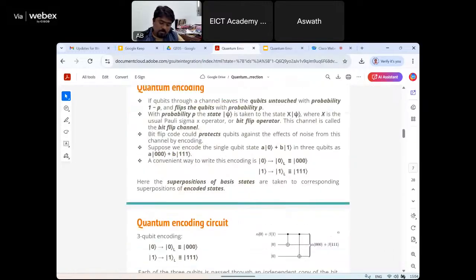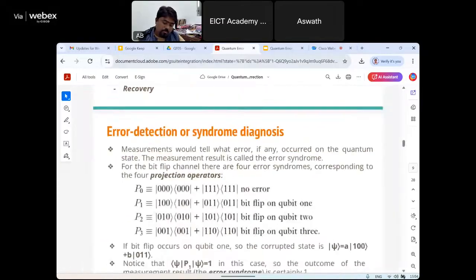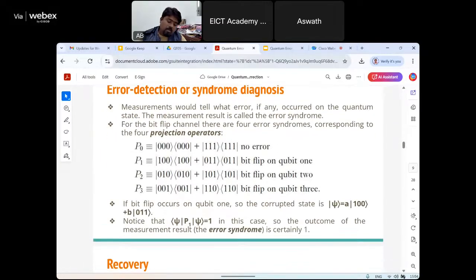Here, if you see, my P naught is all zeros or all ones, no error. My P1 is the case where the first one is flipped. P2 is the second bit got flipped, and P3 is the third bit got flipped.